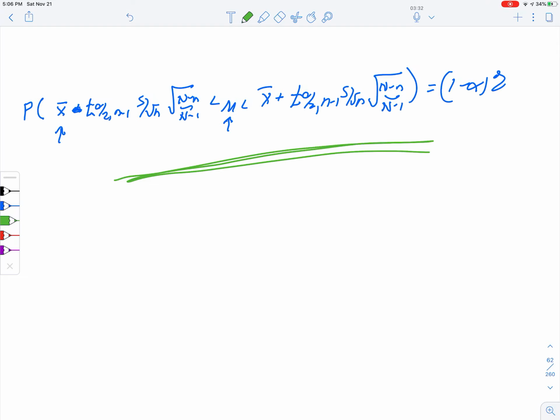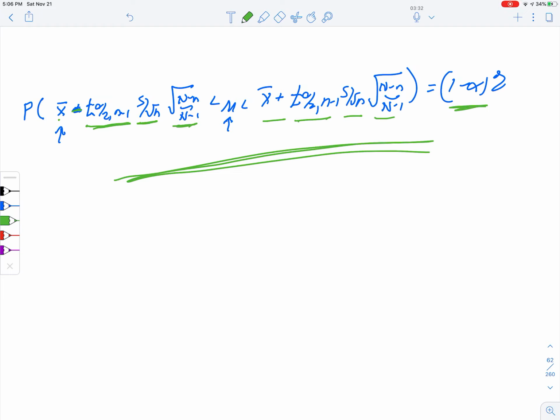It looked really ugly before, but this is x bar minus a t value times s over the square root of n times an FPC factor, less than mu, less than x bar plus the same. We've now been introduced to all of that.